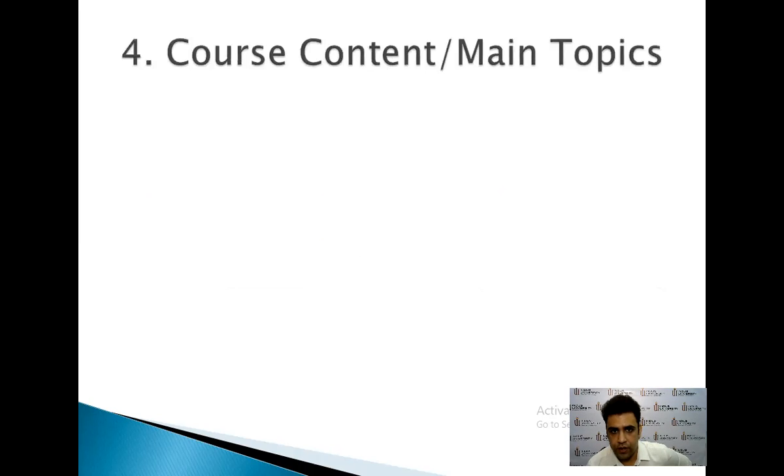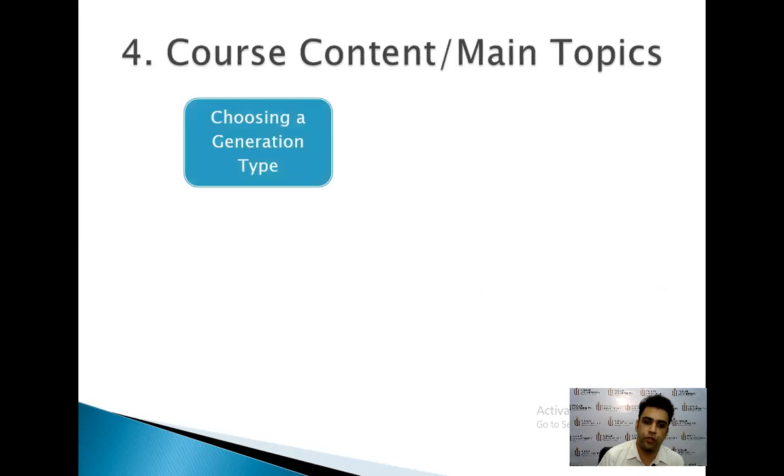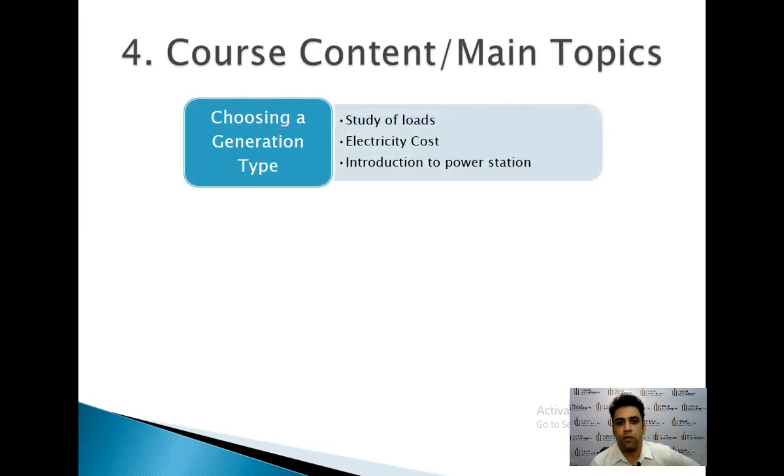So, course content: here I explain the main topics of power generation. The first is choosing a generation type. The first thing that comes to my mind when I plan to build or design any power station is which type of generation I should have for this specific load, this specific city, this specific area, this specific geography. So firstly we will study loads.